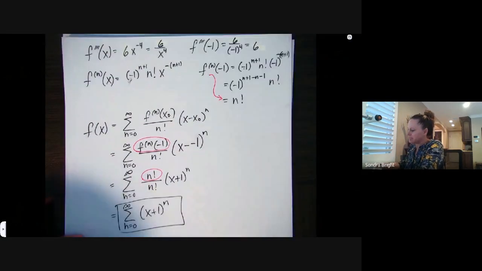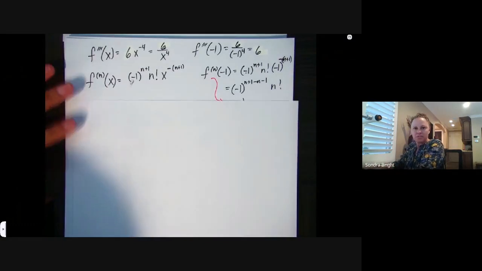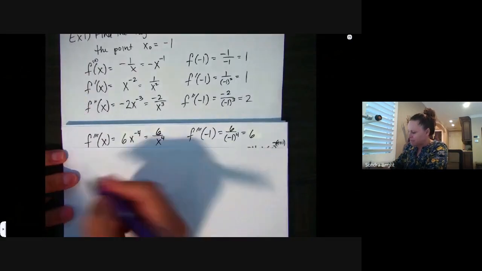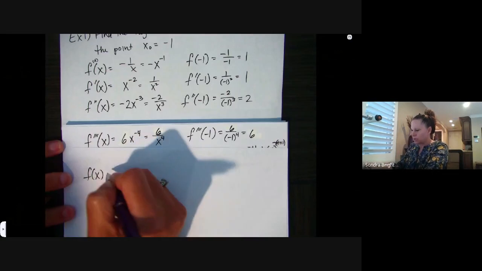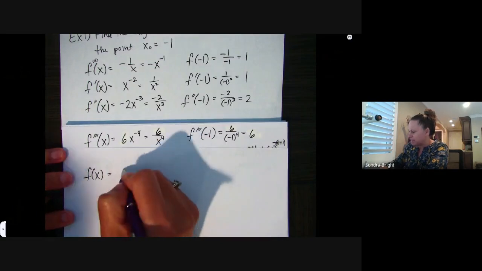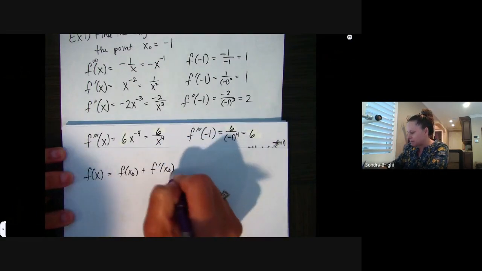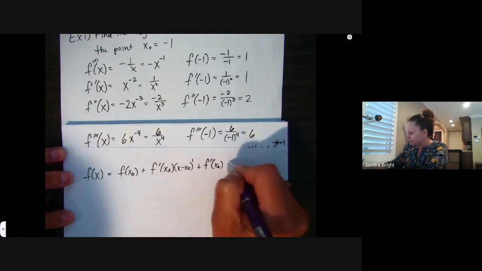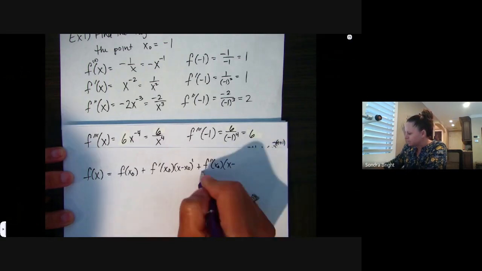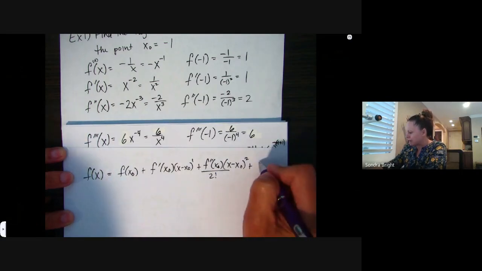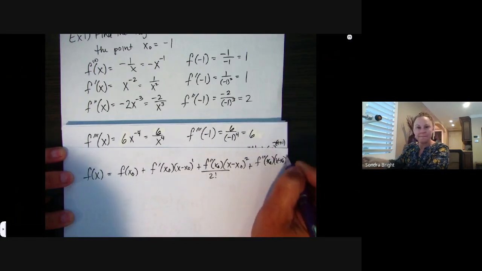So I did this in the general sense, but if I would have started with these guys, then that means f of x is equal to, remember it's f of x naught, and then it's f prime at x naught times x minus x naught to the power of 1, plus the second derivative at x naught over 2 factorial times x minus x naught squared, and then plus the third derivative at x naught times x minus x naught cubed over 3 factorial, and you keep on building it that way.